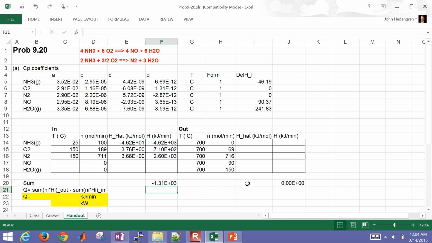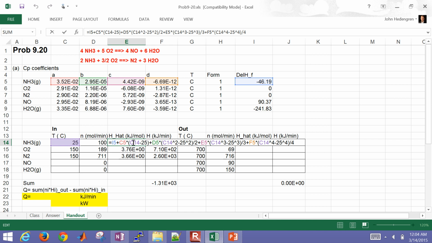Then what I want to do is just take this same formula over here for the outlet. Let me just go ahead and copy this formula. I'll have to change the temperatures. I'm just going to select all of this formula and put it right here, but then I need to change that to 700 degrees instead.